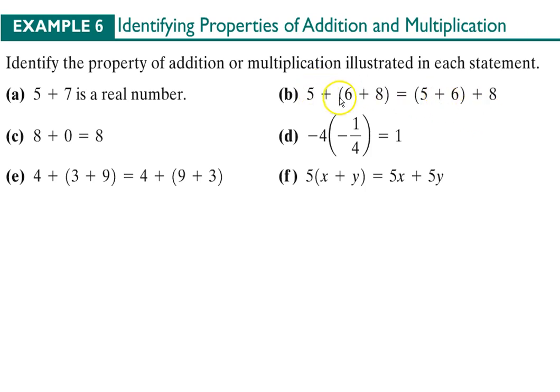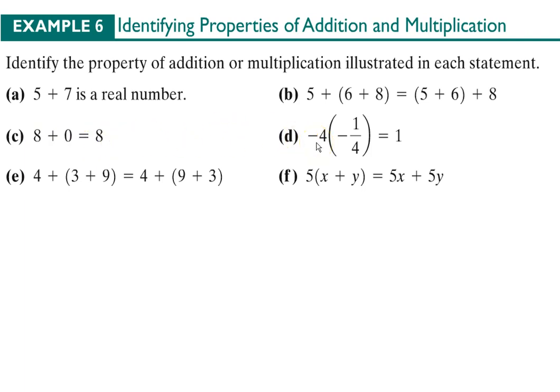We're just grouping them differently. This is the associative property of addition. 8 plus 0 is 8. This is the identity property of addition. Adding 0 to anything doesn't change its value.